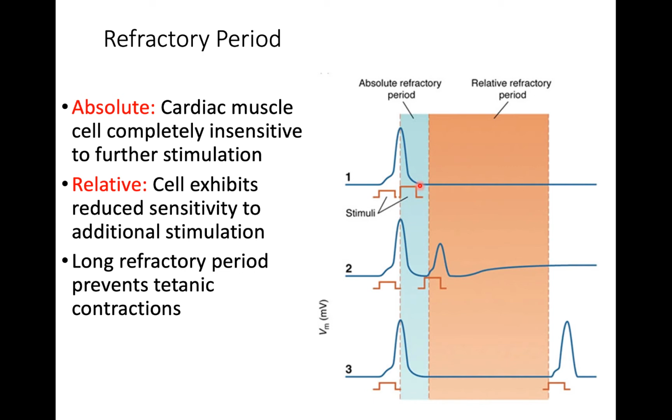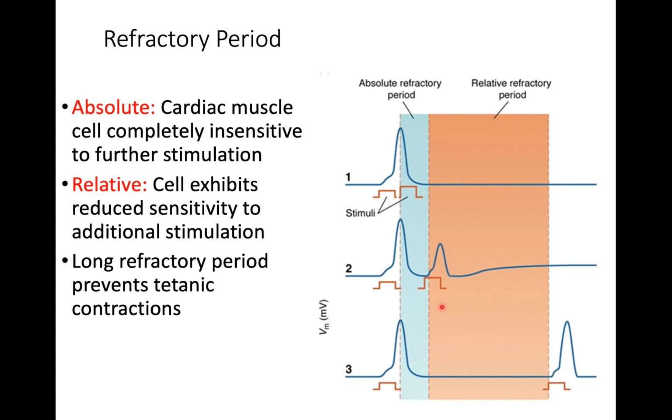Well, you got 2 options. If you're wanting to do it quickly, rapidly, you can do it pretty soon after during this orange period here. This is called the relative refractory period. During this period, you can have a second contraction. However, you do have to provide a pretty strong stimulus, and the actual strength of that contraction is not going to be very high.